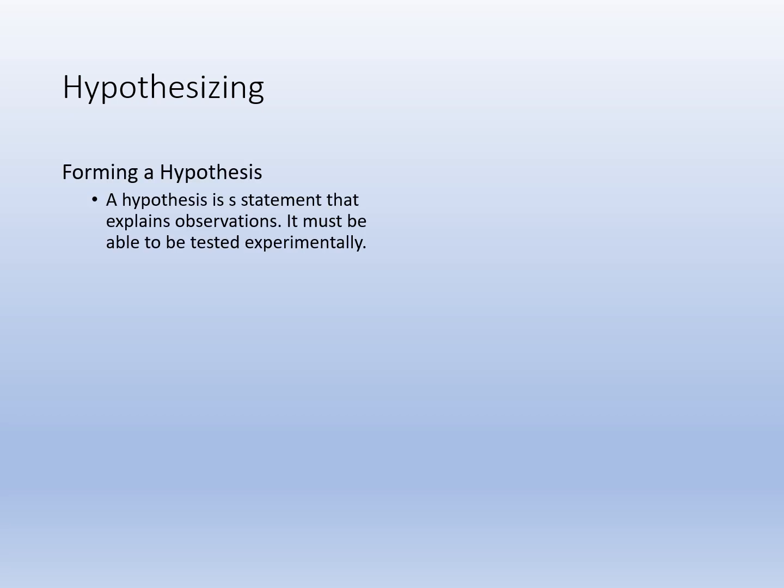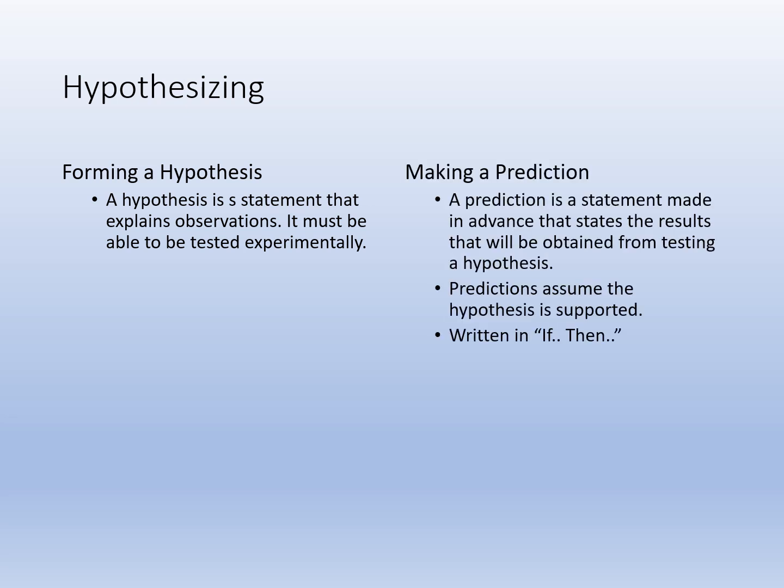So hypotheses are the statement that will explain your observations, but they have to be able to be tested. They're a prediction as to what the results of that test will be, and we generally write them in an if-then format.